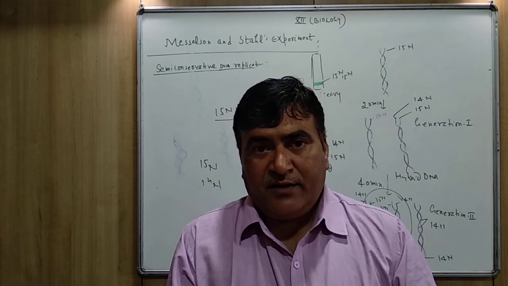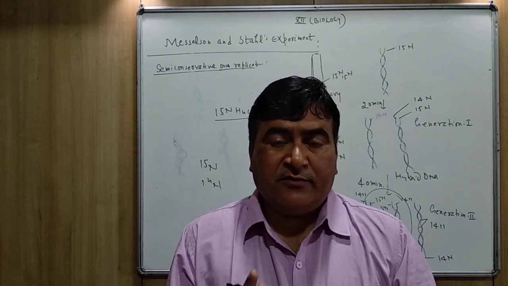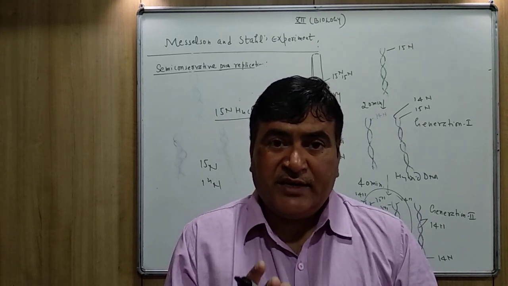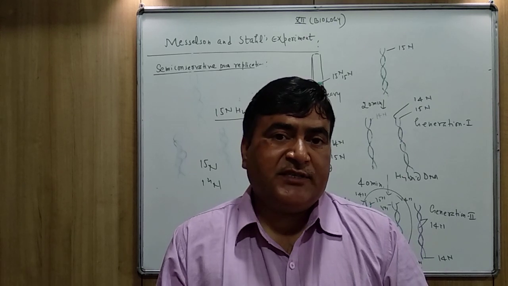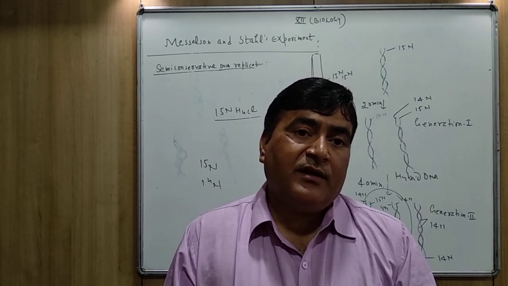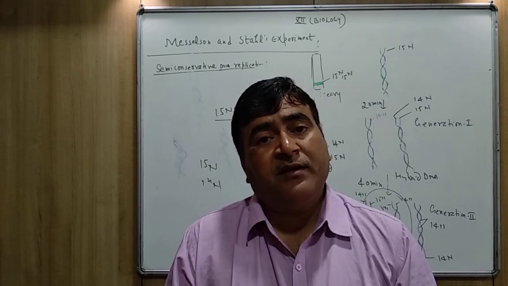So once again, you can keep in your mind the topic which we discussed today. As you know, DNA replication is the process of synthesis of DNA, and the process of replication is of the semi-conservative type.